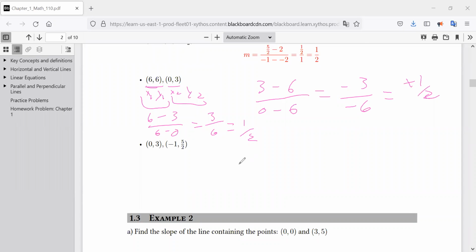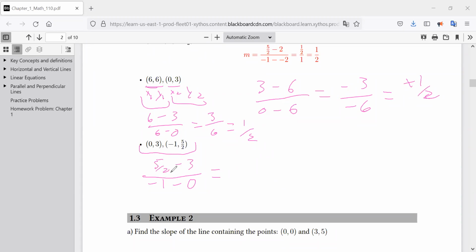Cool. Somebody walk me through this one. I could do it. Cool, thank you. So if it's rise over run, would it be 5/2 minus 3 over -1 minus 0? Yeah, that works perfectly. And then 5/2 minus 3 would equal -1/2.